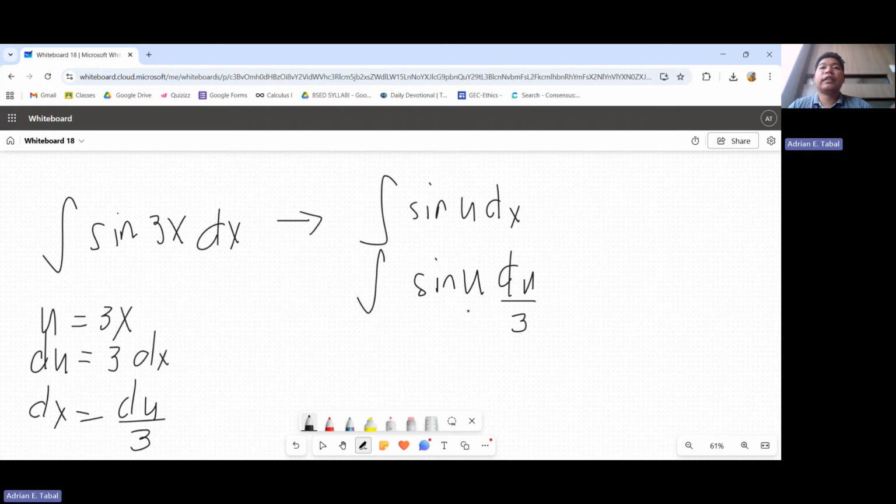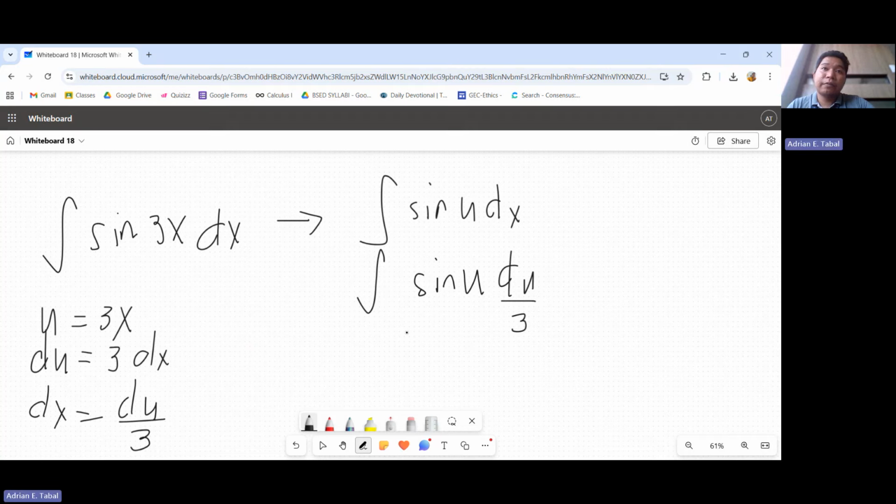So sine u, what is the integral of sine? Okay, comment your answers below. What is the integral of sine? The integral of sine is negative cos.